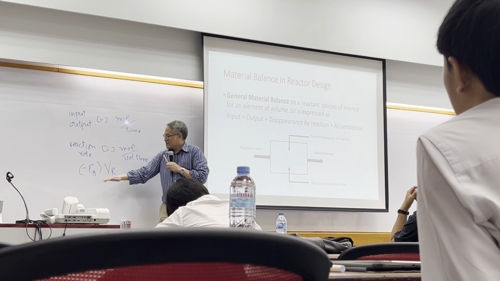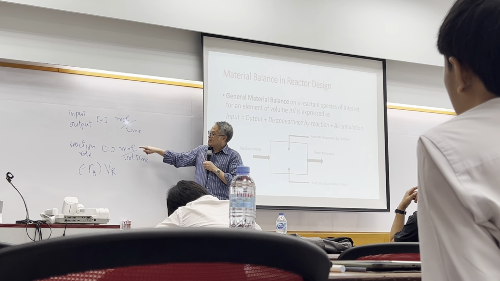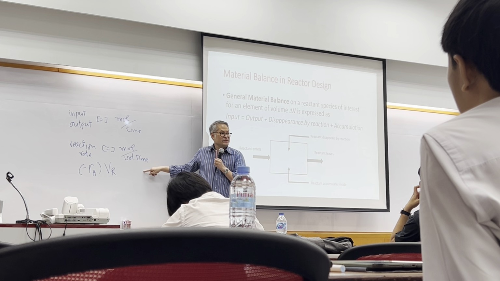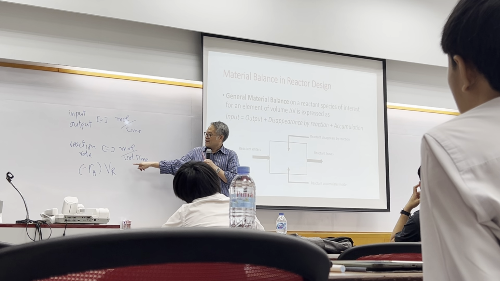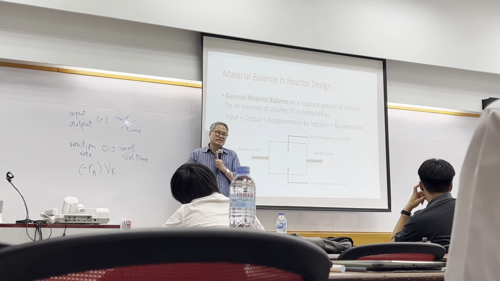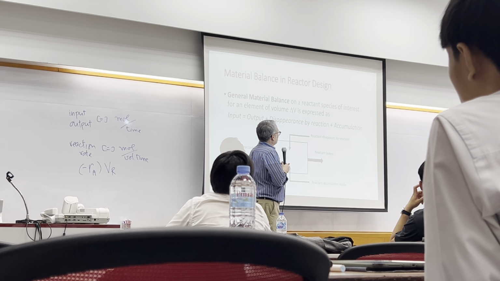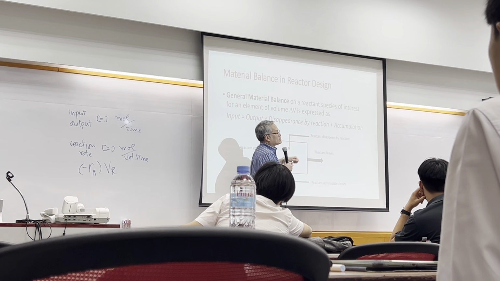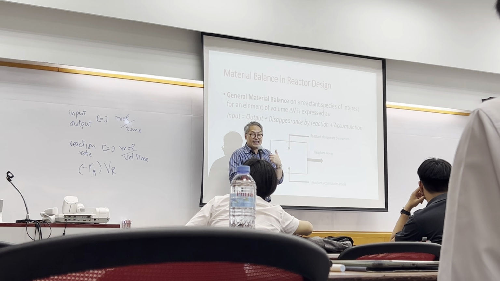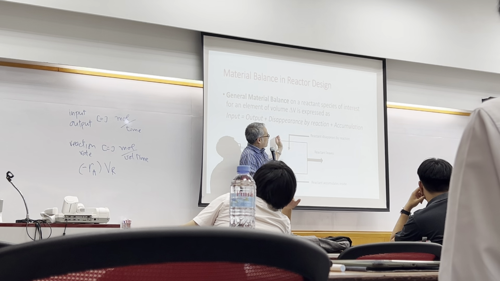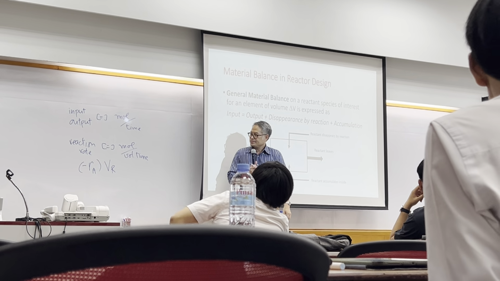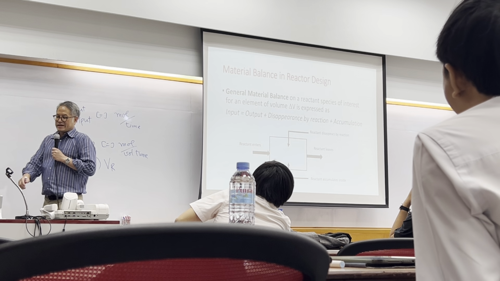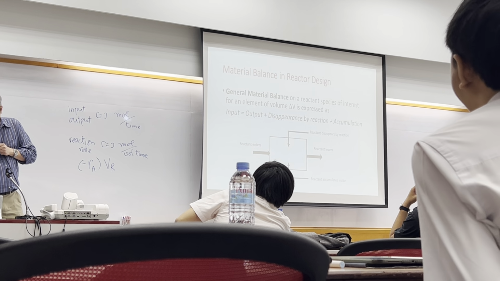So rate multiplied by volume, then you get the whole thing. The disappearance would be mole per time, right? If you multiply the rate by volume, this thing disappears. So this one will be minus RA, which is the rate of disappearance of the reactant A, right? Multiplied by the volume of this element. Okay? So that's the basic material balance.